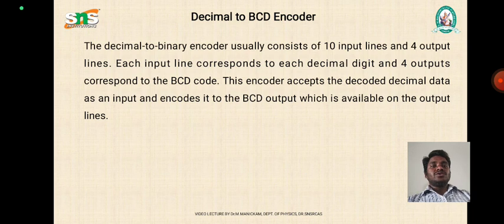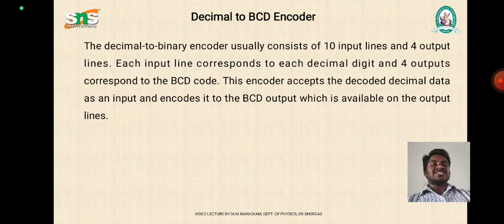Next one, decimal to BCD encoder. The decimal to BCD encoder usually consists of 10 input lines and 4 output lines. Each input line corresponds to each decimal digit, and the 4 outputs correspond to the BCD code.